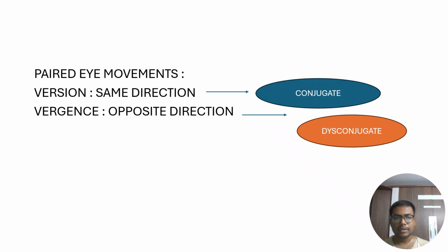And if it is dextroversion, it will be just the opposite: the right eye has abduction and the left eye has adduction. So that is version. It is basically movement in the same direction, but opposite muscles are working. But if it is vergence, then the medial rectus of both eyes will work. So it is disconjugate.